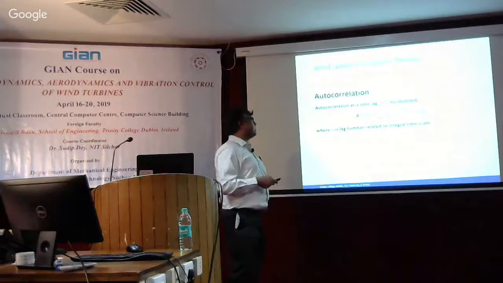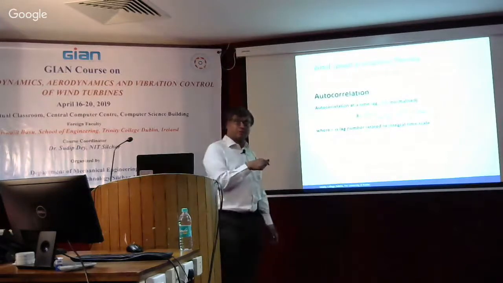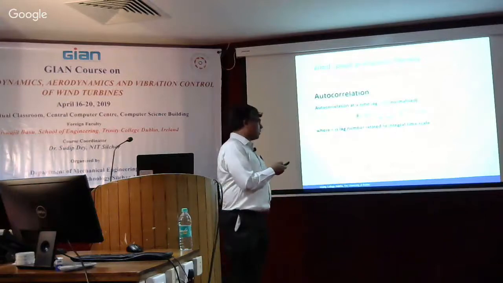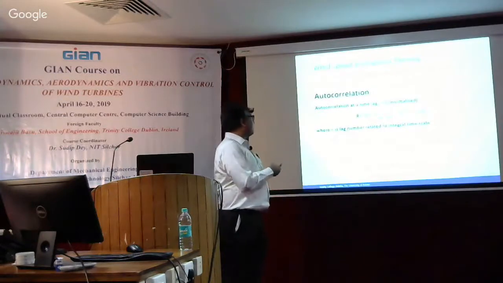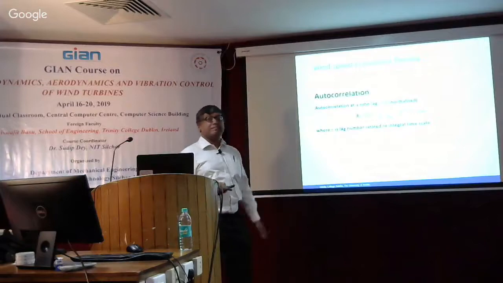Now, in terms of finding the statistical structure, that's the distribution based on the Gaussian distribution. You can also have, and that's normally done, an autocorrelation function. So what we do is take two time instants. One is i, and the other one is i plus r, where the time lag is given by r times delta t. Delta t is the sampling time.